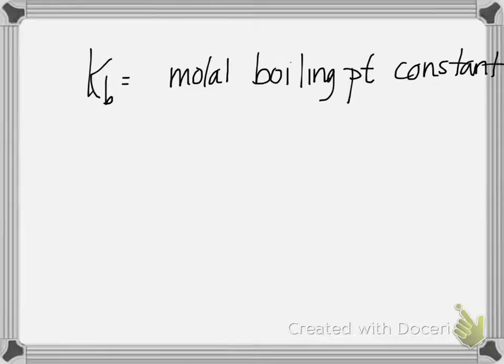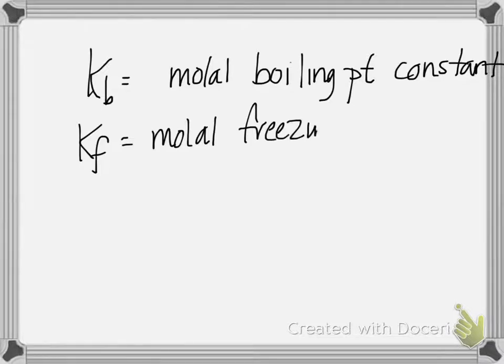So if KB is your molal boiling point constant, what do you think KF is? The molal freezing point constant. So really and truly, you only have to memorize one formula there, right, Josh? Yeah. Because if it's boiling, you use KB. If it's freezing, you use KF.